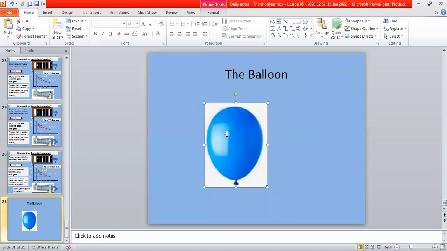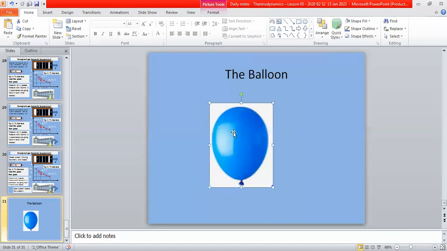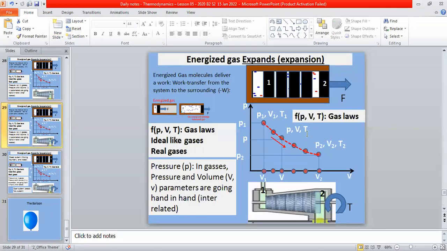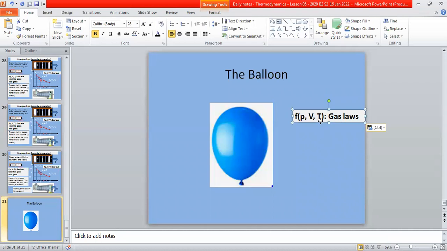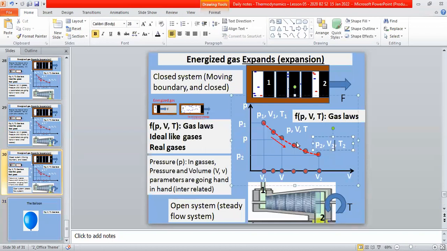The balloon. Also, there is PVT connected.